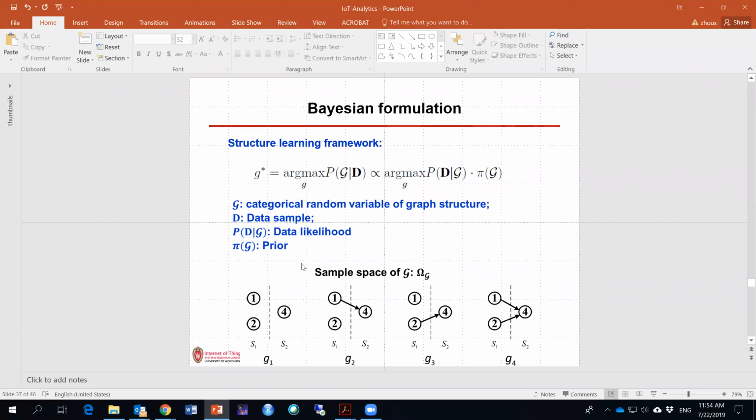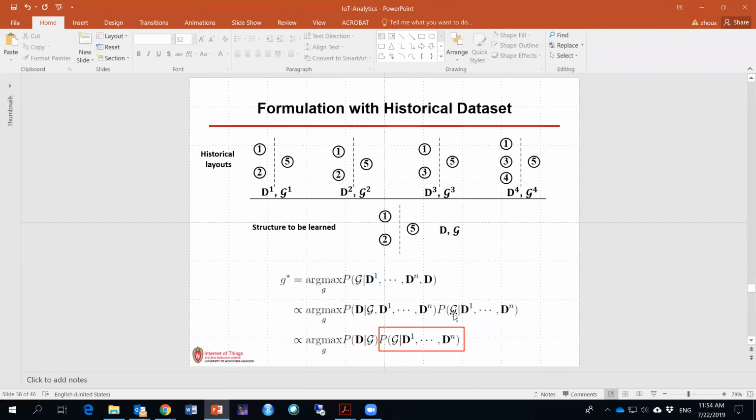We can simply specify a uniform categorical distribution. So this becomes a non-informative prior distribution, and we don't take any vote on these possible structures. But with historical data, we can learn the prior distribution, so it becomes an informative prior.